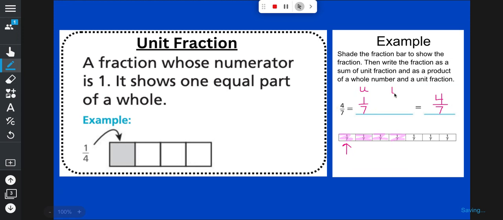We need our whole number, and a product means a multiplication problem. So 1/7 times, how many of those 1/7 did we have? We had 4 of them. So that would be our whole number. Now we can write this in either direction. We could have done our whole number first and then our unit fraction, or our unit fraction and then our whole number.